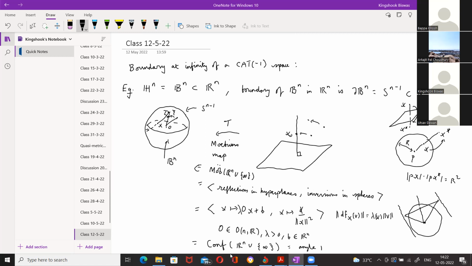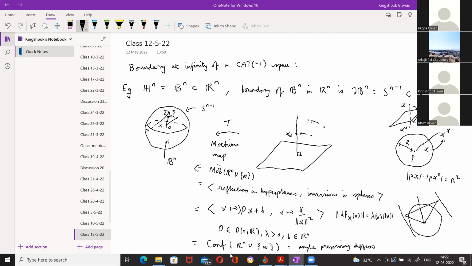One direction is easy: any Mobius map preserves angles, because rotations, scalings, translations, reflections all preserve angles. What you need to check is that inversion in the unit sphere preserves angles.